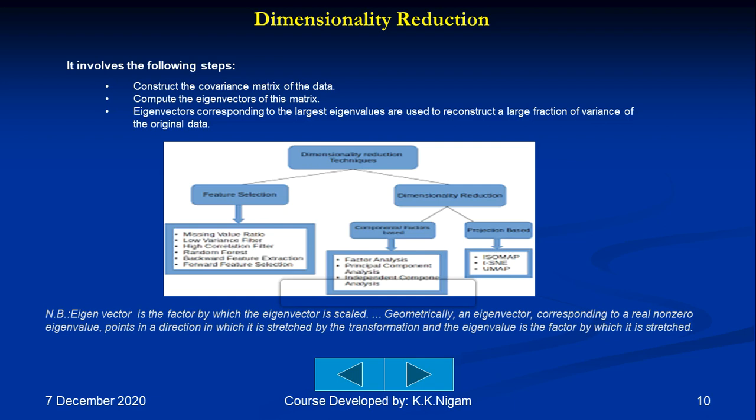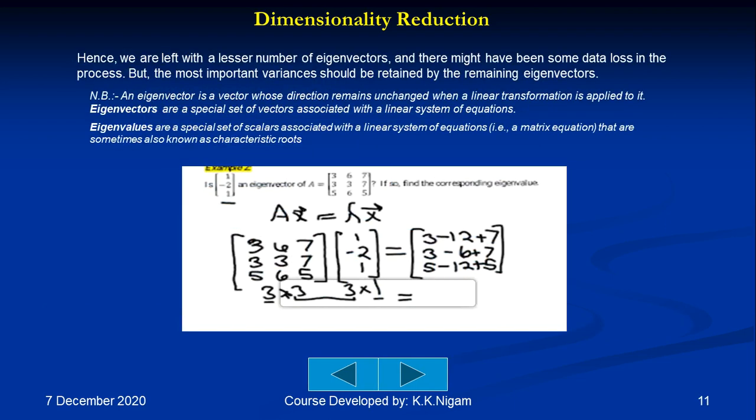An eigenvalue is the factor by which the eigenvector is scaled. Geometrically, an eigenvector corresponding to a real non-zero eigenvalue points in a direction in which it is stretched by the transformation, and the eigenvalue is the factor by which it is stretched. So that is the eigenvalue, and the vector is in the direction in which you are going to stretch it.